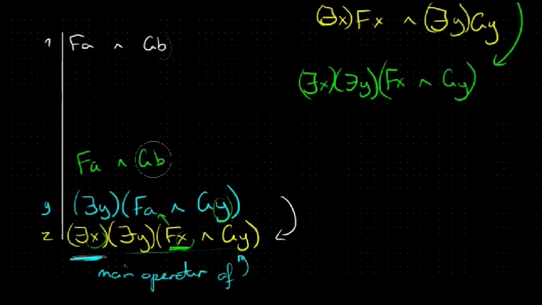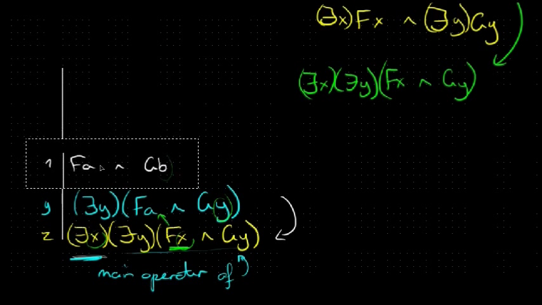It's only a 3-step formula to get from FA and GB down to there exists a Y such that FA and GY, and then there exists an X such that there exists a Y such that FX and GY. Okay, so let's move this down a bit, to here, a bit more compact.